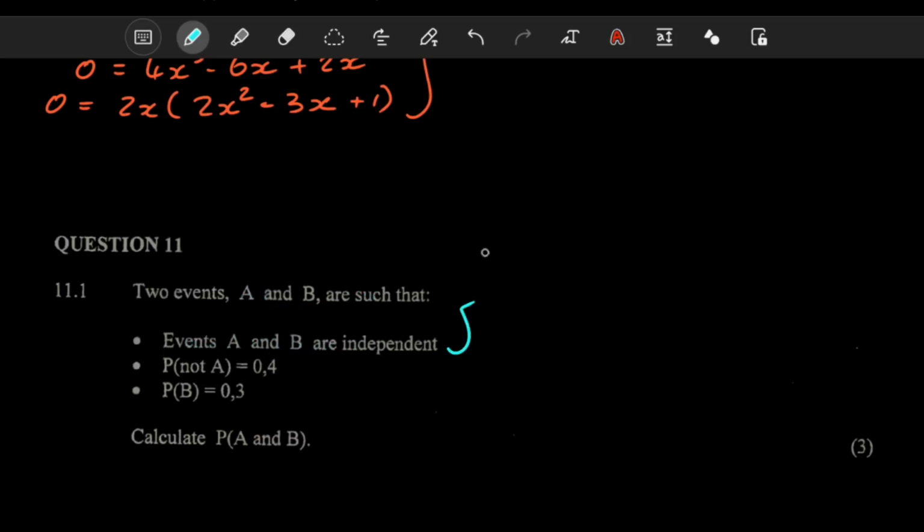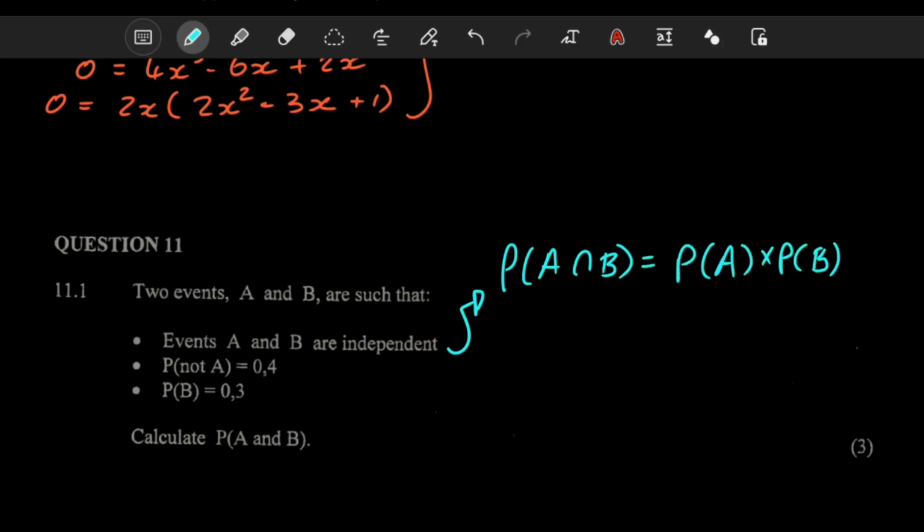You see, this is like pure theory that you need to know, because remember, independent events means that the probability of A and B is equal to the probability of A multiplied by the probability of B. So here they say the probability of not A is 0.4. What that means is, remember, the probability of something not happening plus the probability of it happening should always give you a 1.